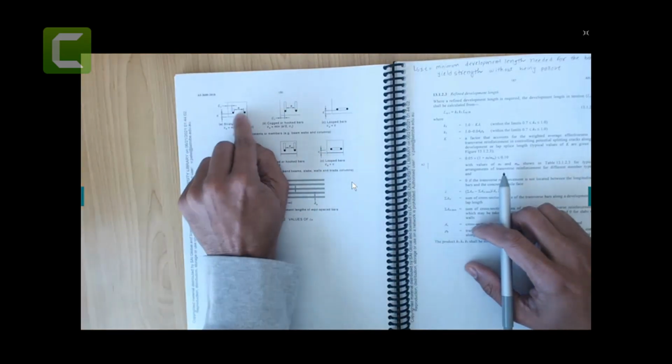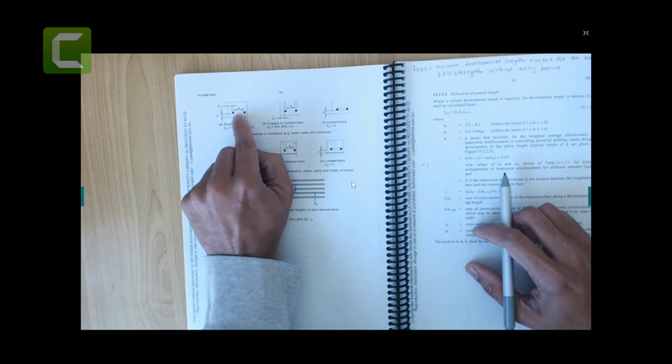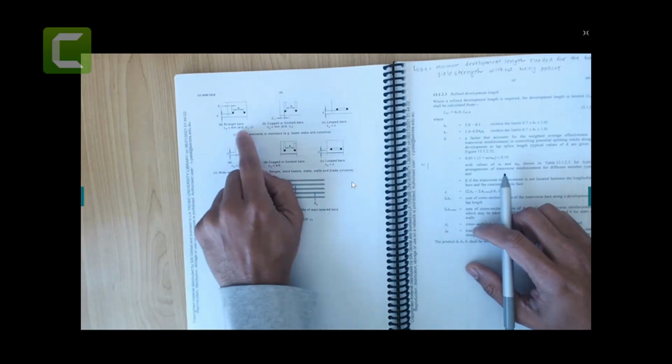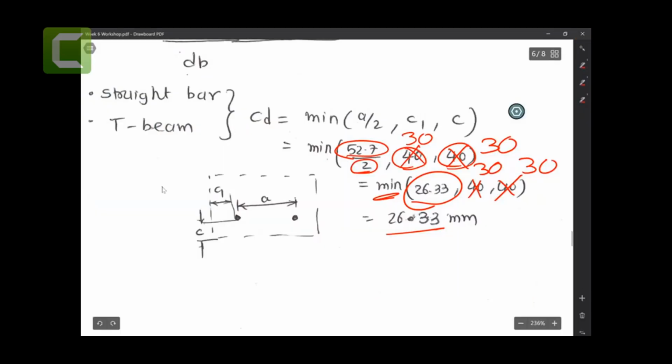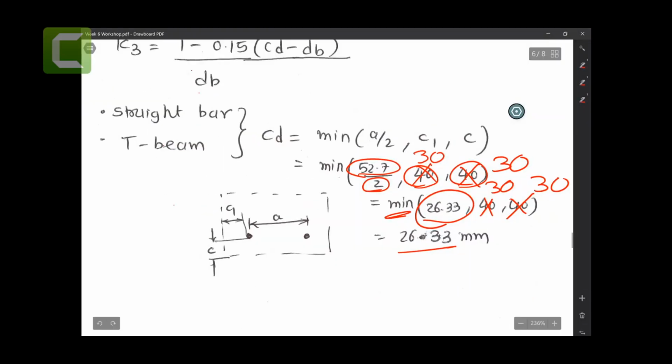Between C1, C and A, where is it going to split? It will split between these bars, because it is not going to split here; A by 2 is the minimum, so it will split here. That's what the standard wants you to stop. You need to provide enough development length so that splitting doesn't happen here. If you choose 30, then the splitting will occur. So the standard makes sure that you don't have splitting. Therefore we have 26.33.